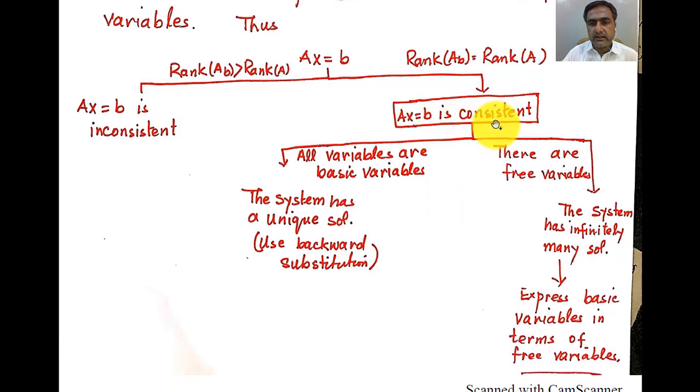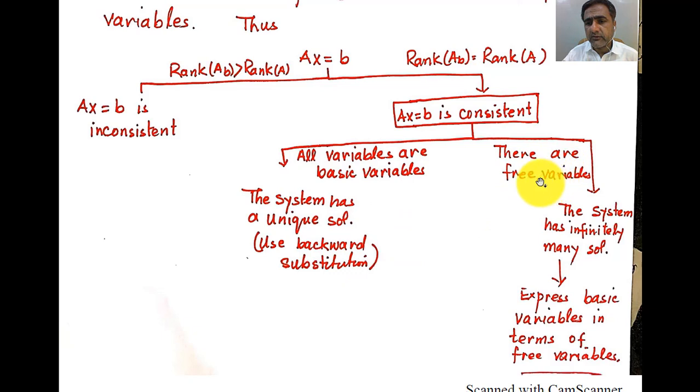So, if the system is consistent, I have to look at all the variables. If all the variables are basic variables, the system has a unique solution. Either we can reduce the matrix into a reduced echelon form matrix to have the direct solution, or it is equivalent to using backward substitution, which we will see in an example.